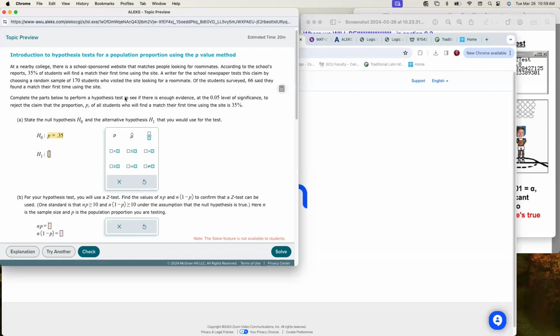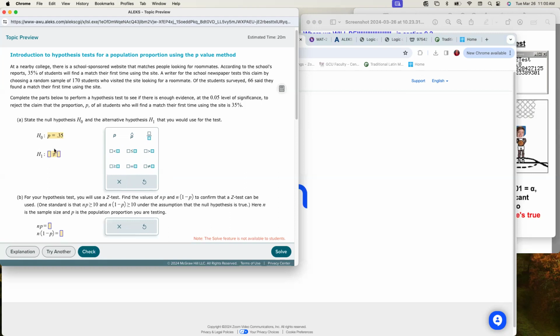But based on this sample, we'll see if we have evidence to reject this claim. Now, the scenario would have said something about it maybe being higher or lower. It doesn't say that. All it says is to see if there's enough evidence to reject this claim. So I'm going to say the alternative is not equals, to take both directions into account.